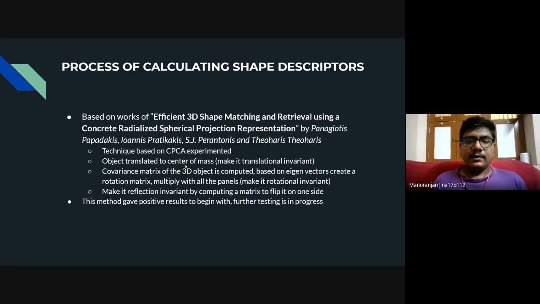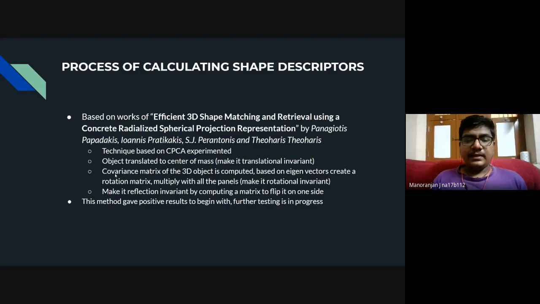They first translate the object: if it is not at the origin, we translate it to the center of mass of that object, so we make it translation invariant as well. And to make it rotationally invariant, whatever orientation the object is in, we bring it to a specific orientation based on this algorithm.